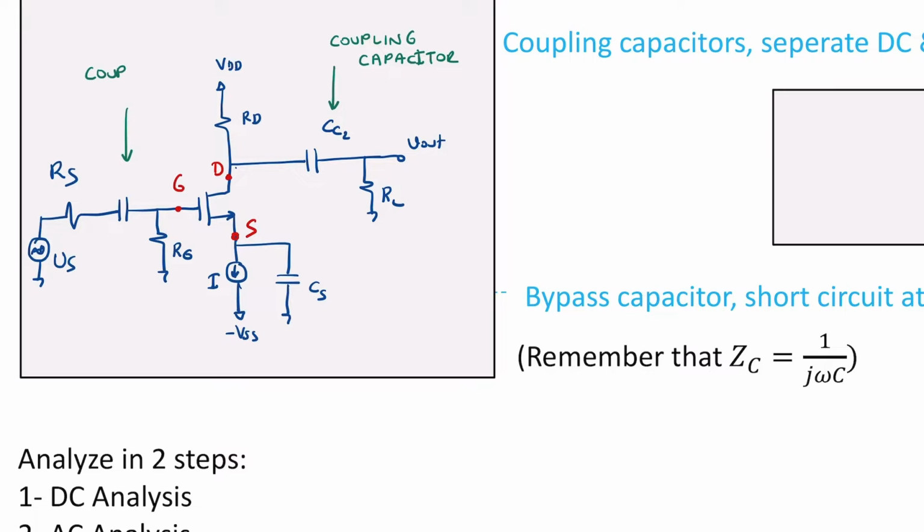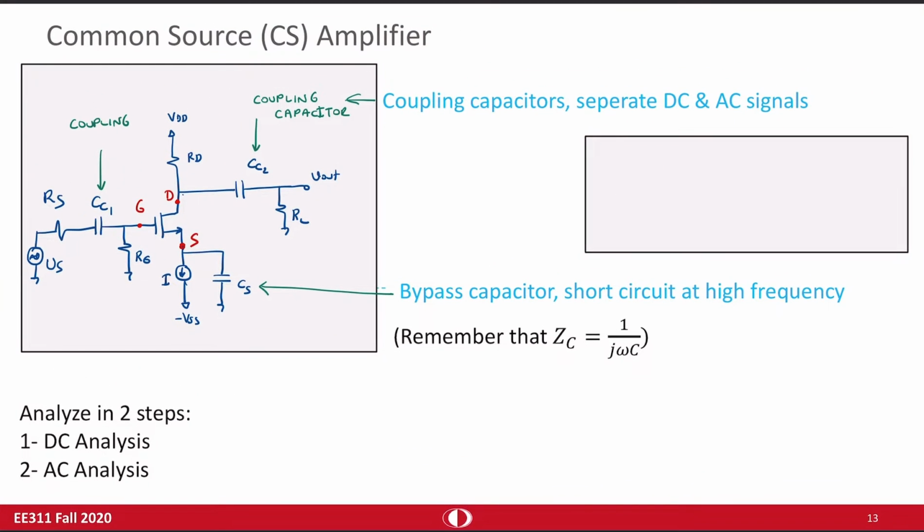This is also coupling, and the name is CC1. And this one is the bypass capacitor. The function of coupling capacitors is that they separate DC and AC signals.